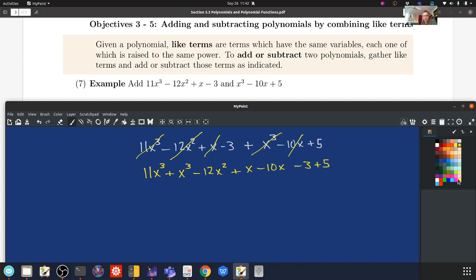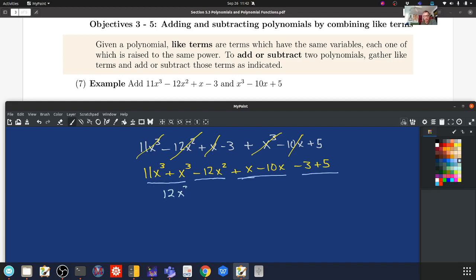So that's what it means to collect like terms. Here's a grouping of degree 3 terms. Here's the grouping of the degree 2, the degree 1 terms, and the degree 0 terms. So you just look, and now you just add or subtract coefficients. So 11x cubed plus x cubed. So you have 11 of something, and you add one more of that something. You get 12 of that something.